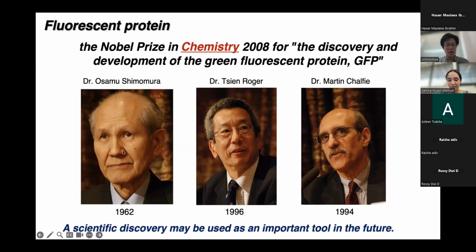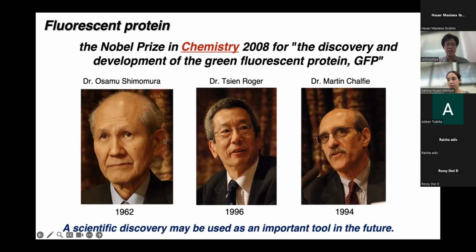I also want to emphasize one more thing. The GFP was discovered in 1962. However, at this time, this finding was just a scientific finding, and the researchers did not have an idea for using the GFP.